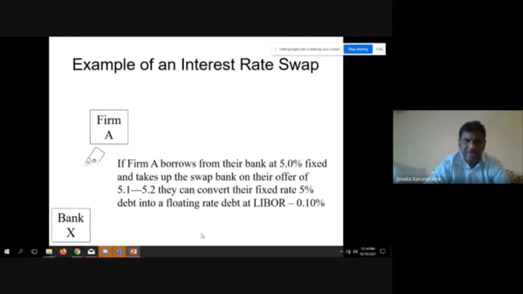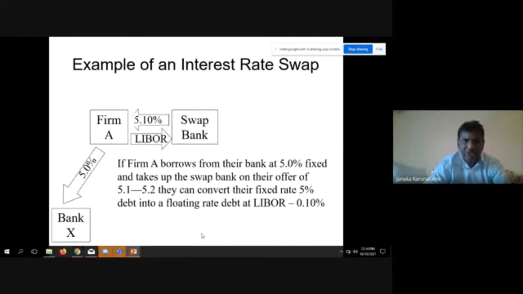Enter into a swap with the swap bank, pay LIBOR, and receive fixed at 5.1%, right?